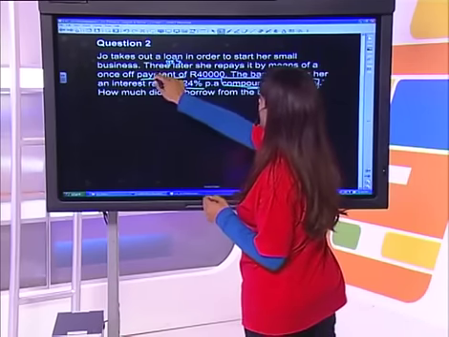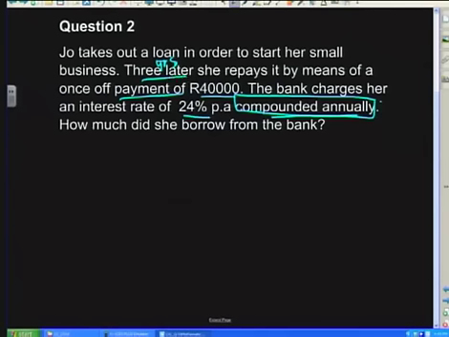We know that the period is 3 years, so N is equal to 3. And she repays it with a once-off payment of 40,000 rand. That once-off payment is not going to be your P, that's your A. That's the final amount that she pays to pay off this loan. So she pays off 40,000 rand at the end of 3 years.